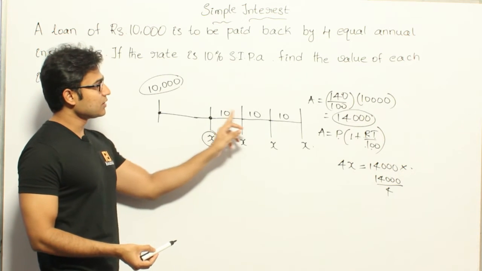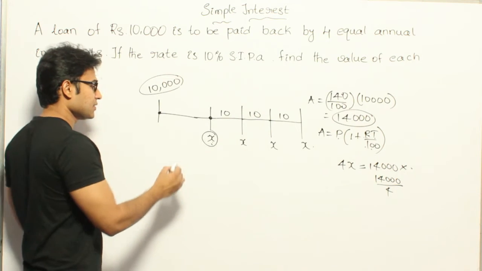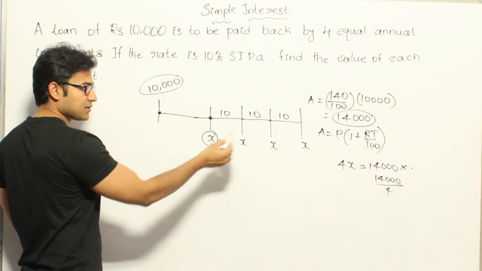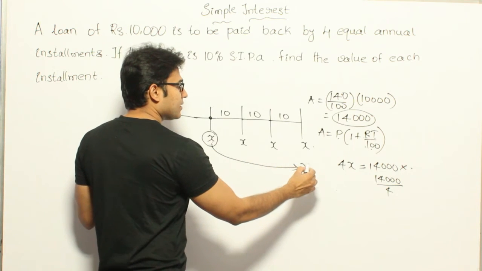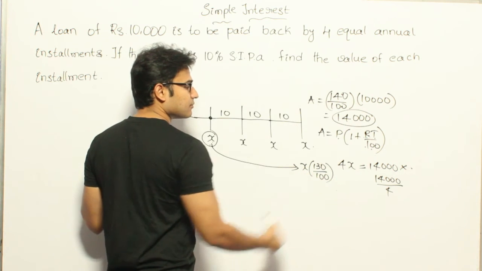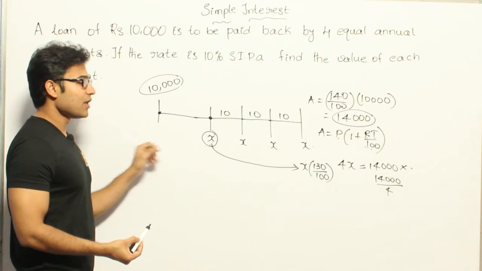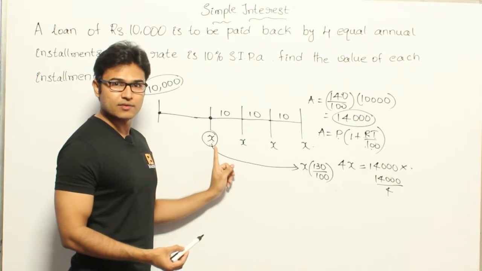Why? It is going to give 30% interest, right? So this X, by the time it reaches there, is going to be X into 130 by 100. Got it? Because it is going to grow by 30%, it will become 130% of the initial value.